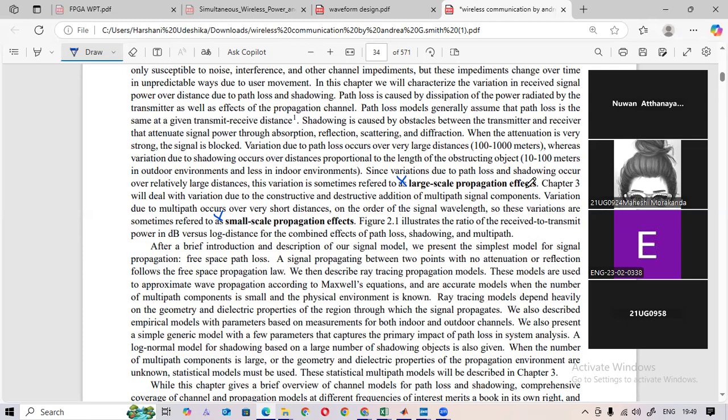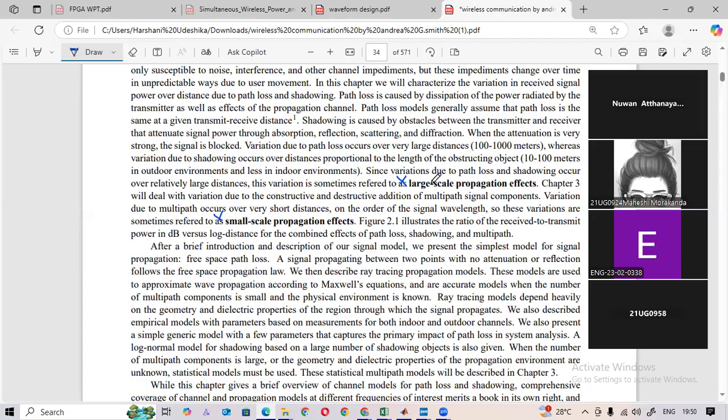Large scale propagation effects happen due to path loss and shadowing, which are relatively large distances. Small scale propagation is the multipath effect, which happens over short distances.